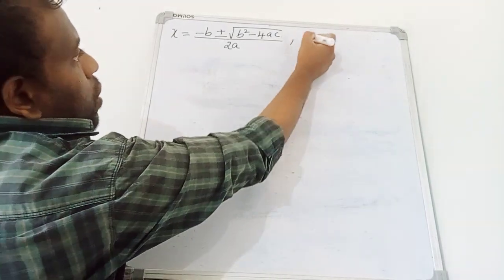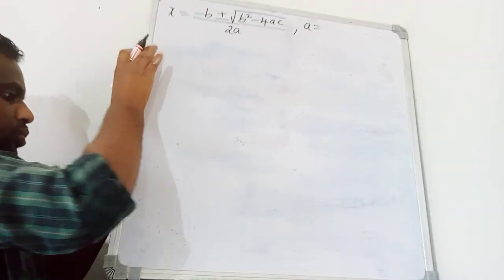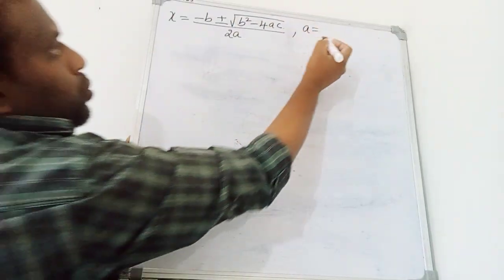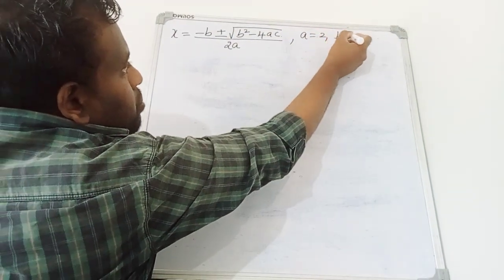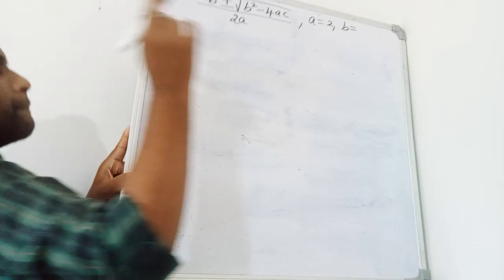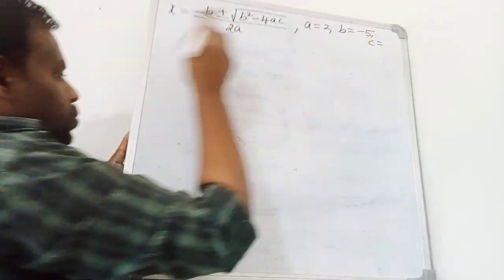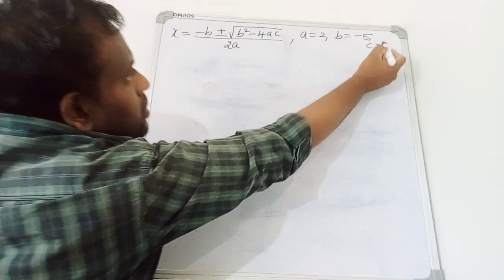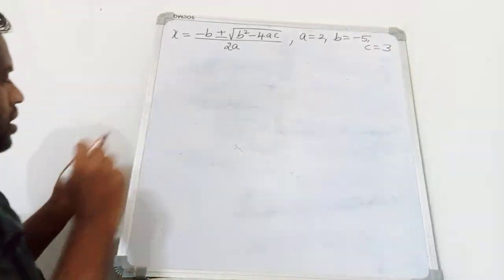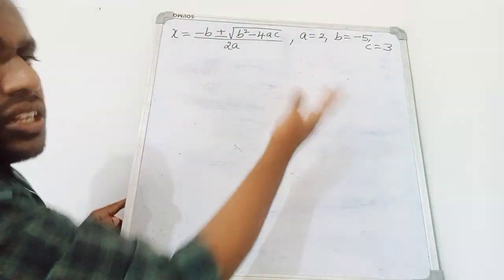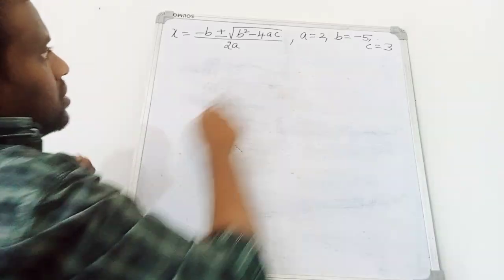The formula is x = (−b ± √(b² − 4ac)) / 2a. On the back side we got a = 2, b = −5 and c = 3.